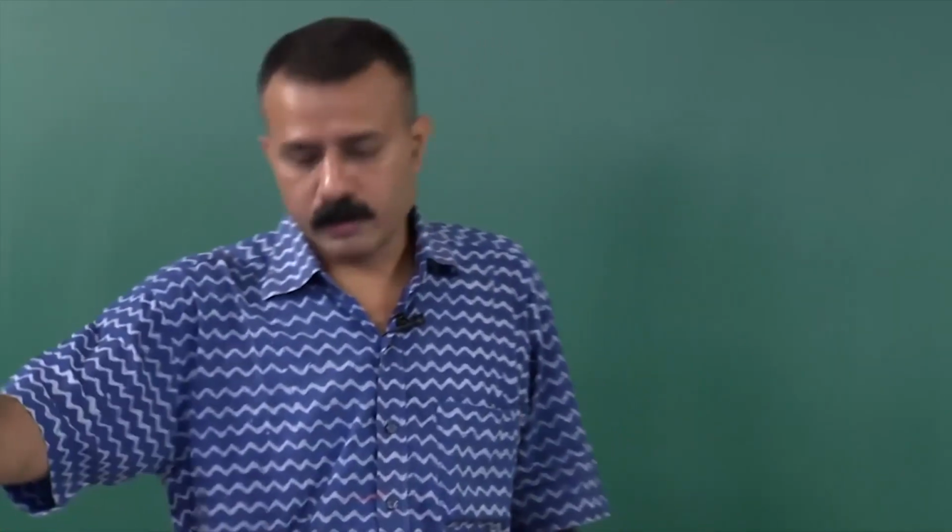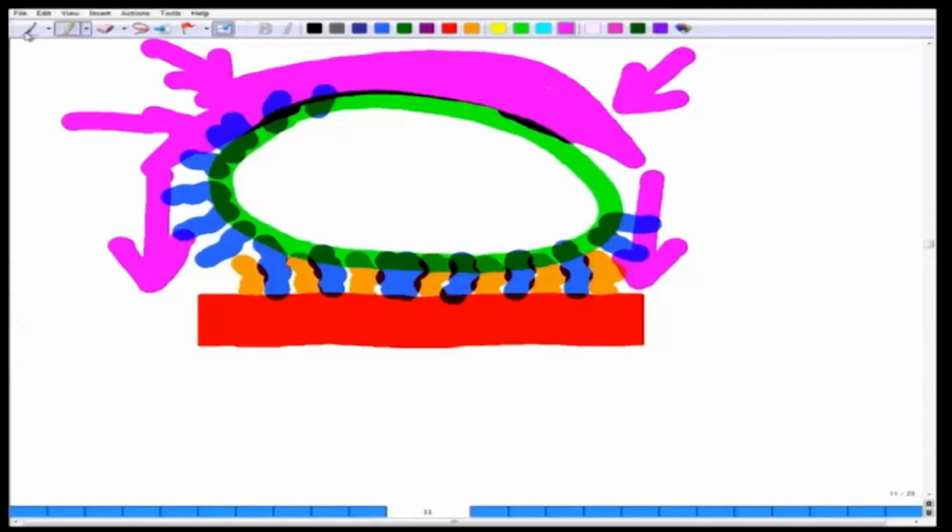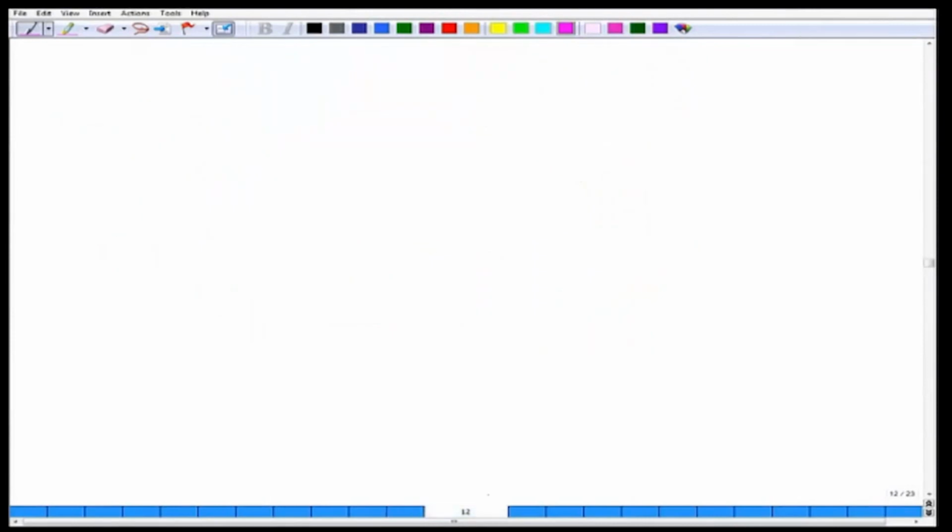But there are several advantages. Since we have talked about the problem of cell electrode interface, let's talk about the advantages. First, no damage to cell.